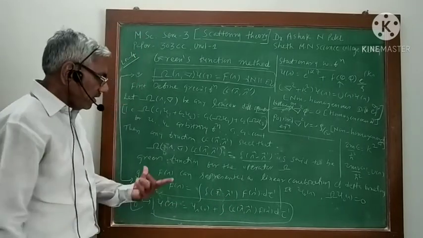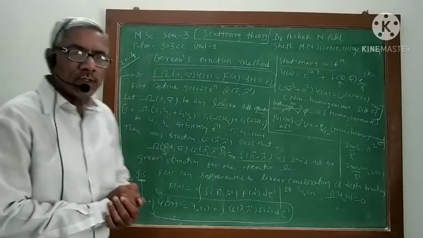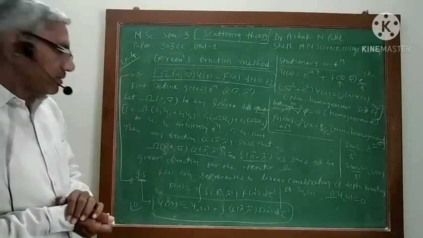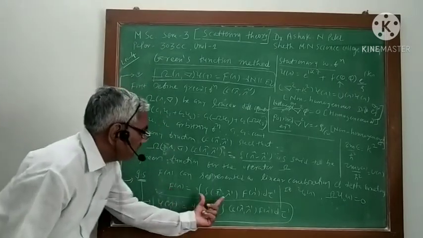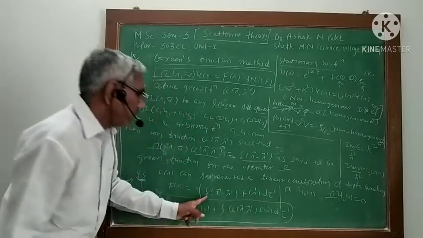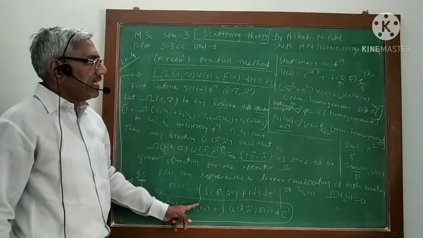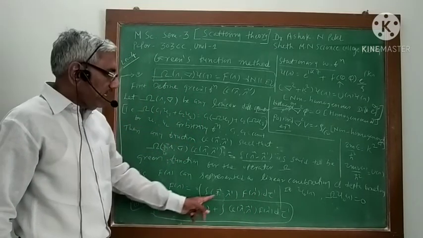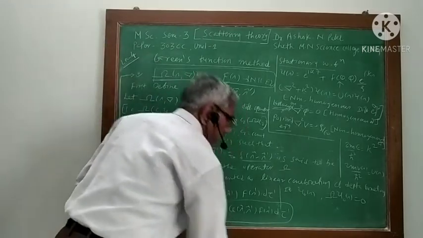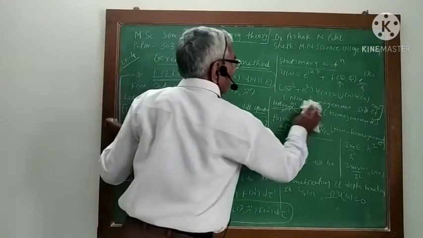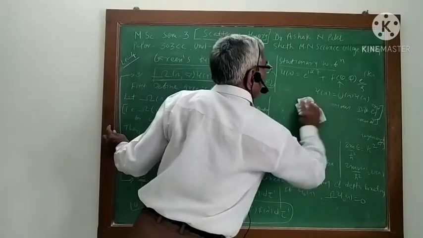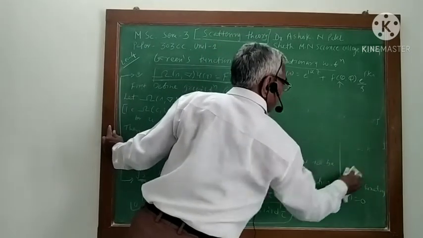Now one thing you might not have understood that I want to clear first. You see, this is f(r), this is the delta function, but do you know what the delta function is? Any idea? What is the Dirac delta function? Let us try to understand what the Dirac delta function is.